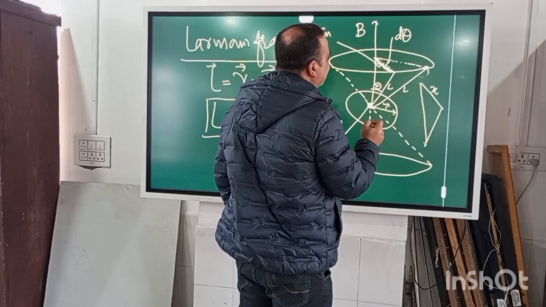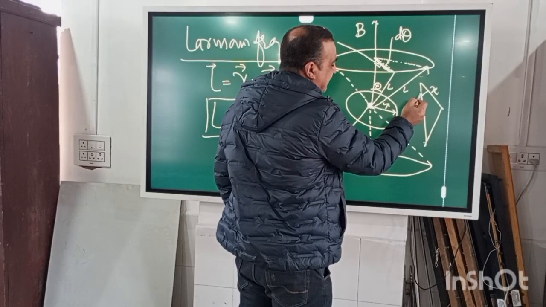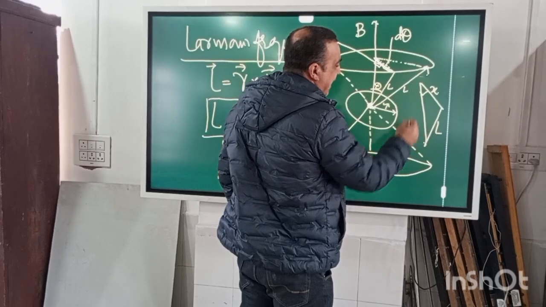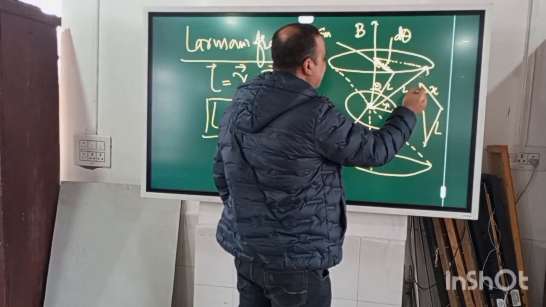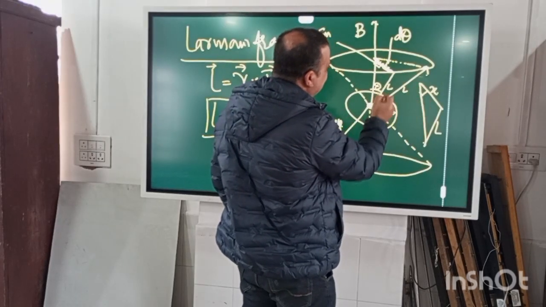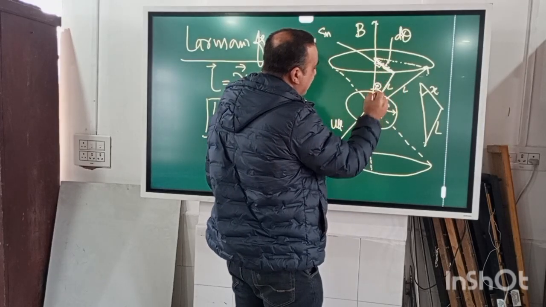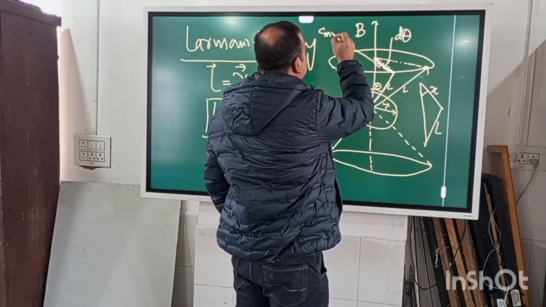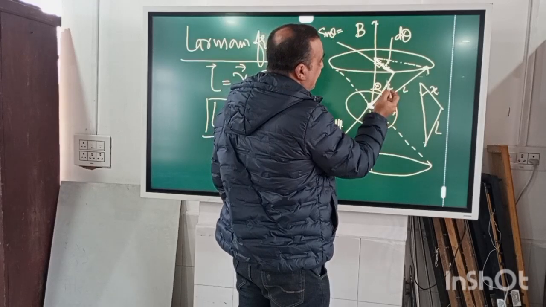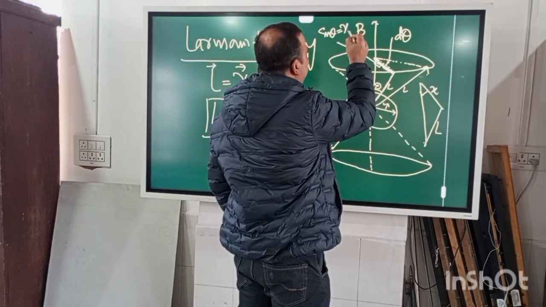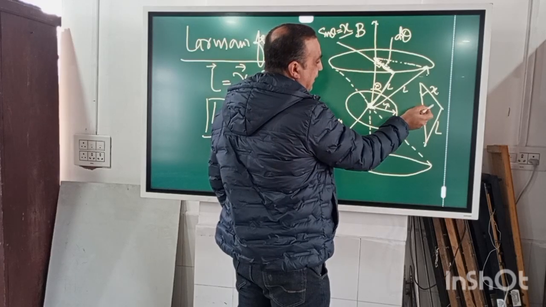Suppose this is x, this is your 90-degree angle, and this is your L. We can immediately write down sine of theta in this triangle: sine theta is the perpendicular, which I choose as x, divided by the hypotenuse.